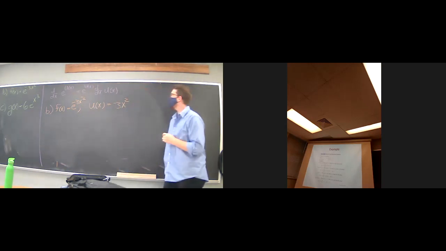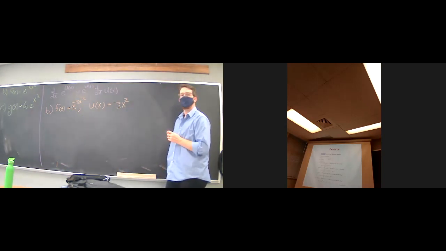So because of this, given that f of x is equal to e to the negative 3x squared, identifying what u is, u is equal to negative 3x squared, right?